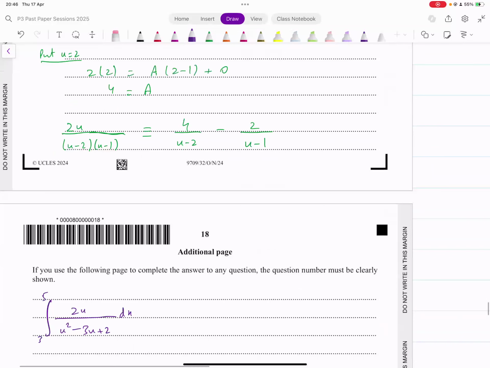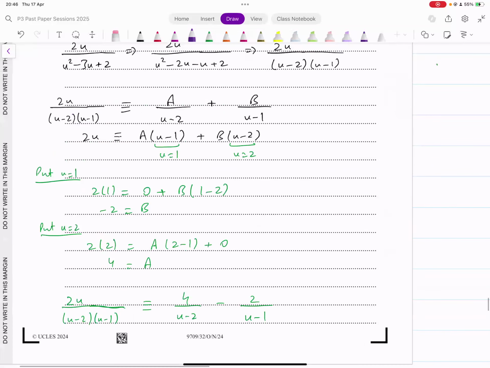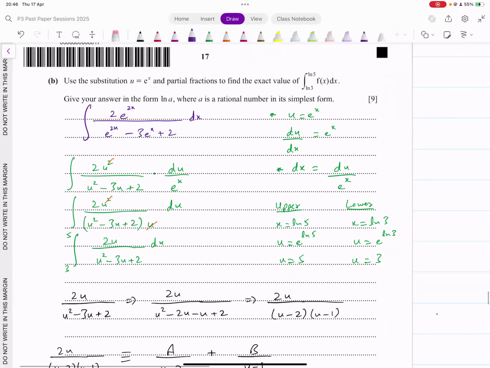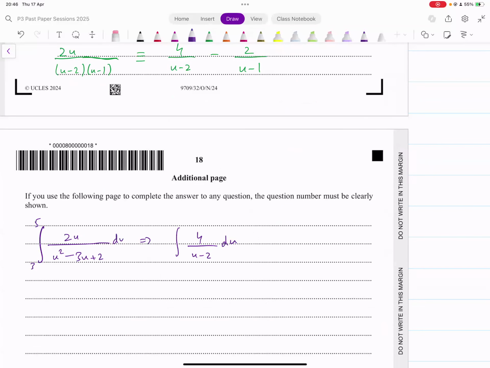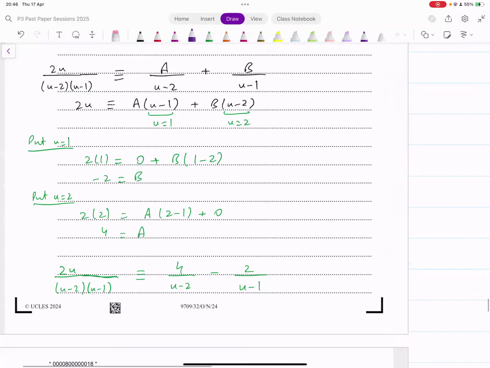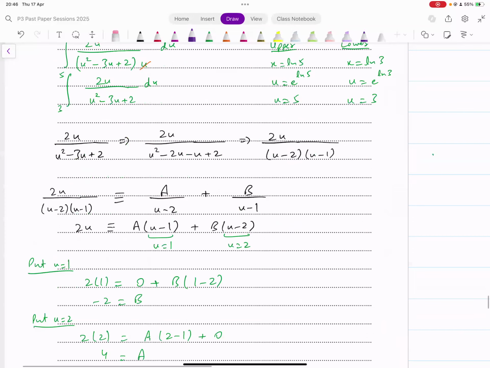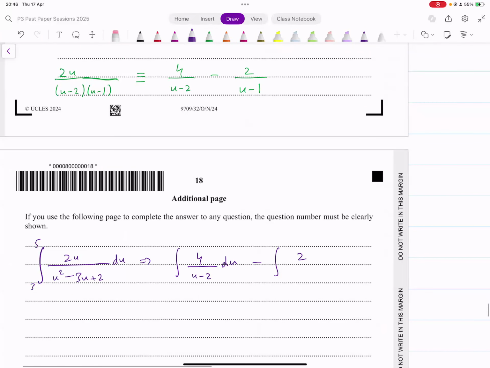Okay, now we have converted it to this form. We've broken it down into two fractions, 4 over u minus 2 with respect to u. This is du here. Minus integration of 2 over u minus 1 with respect to u.